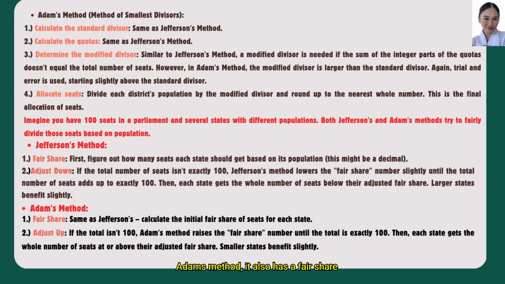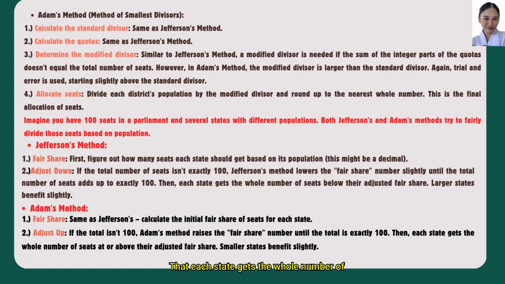While the Adams method also has a fair share and adjusts up. So, in fair share, same as Jefferson's, calculate the initial fair share of seats for each state. While in adjust up, if the total isn't 100, Adams' method raises the fair share number until the total is exactly 100.